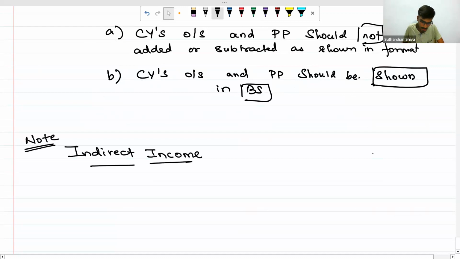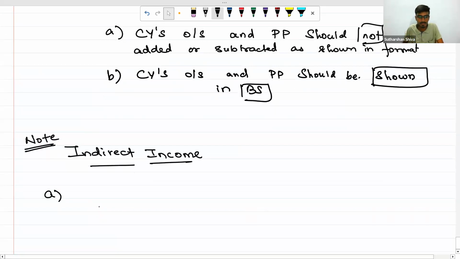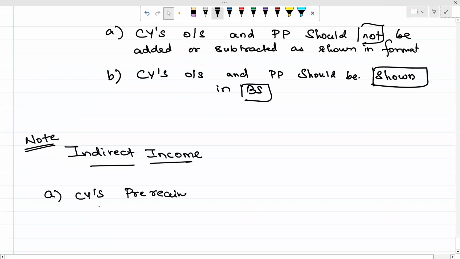Write down current year's pre-received income, and accrued income, which I need to receive, that does not appear in the trial balance. TB is nothing but trial balance.